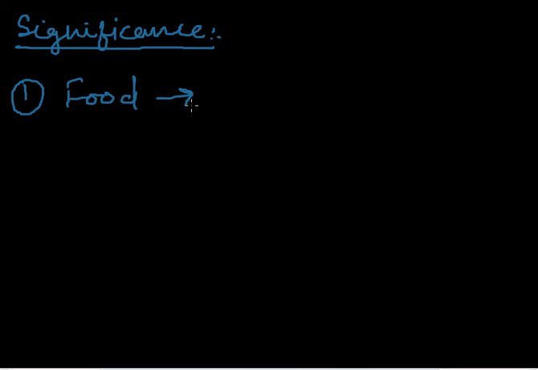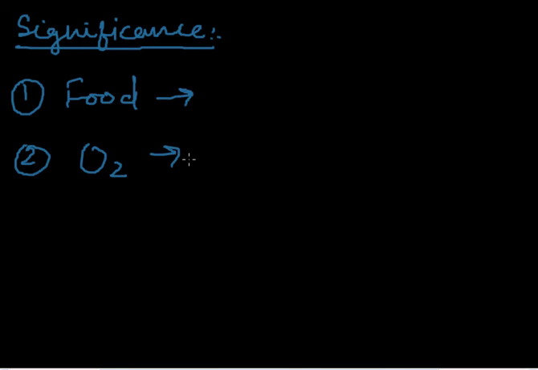Plants can synthesize their own food, but heterotrophs, that is animals, cannot synthesize their own food and are dependent on plants for food. This food is provided by plants because of photosynthesis, because they store the food in the form of starch, which is available to us and all animals. The next significance is production of molecular oxygen.